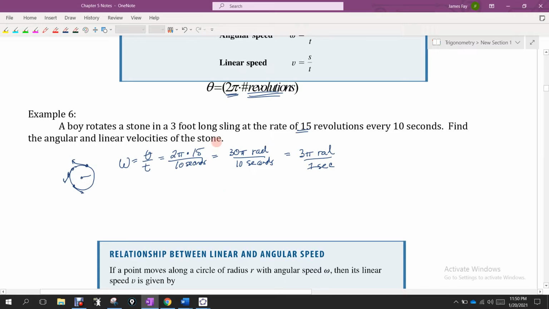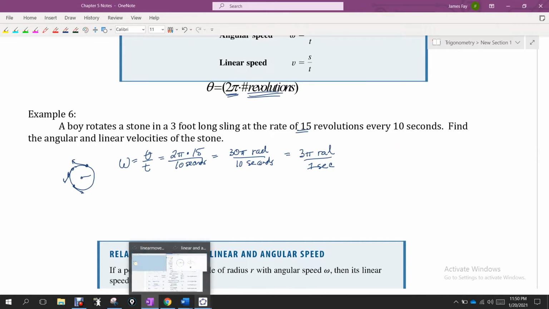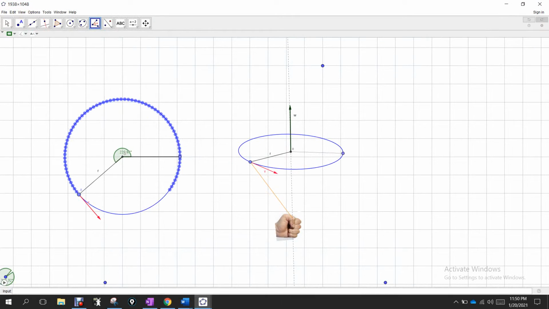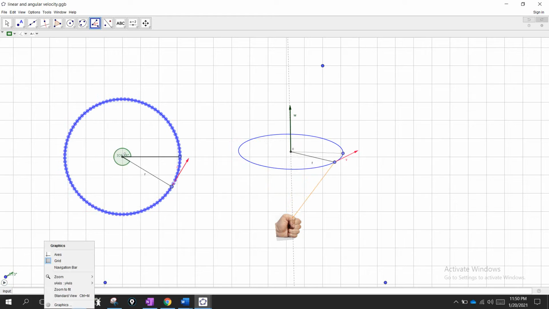So what we're saying here is that that angle, if this was the situation here, that angle right here, this green angle, would be changing 3 pi radians, so it would be 1 complete revolution and then half another revolution, that would be 3 pi, every 1 second. See if I can get this to stop back at the start, maybe I can just reload this, refresh it.